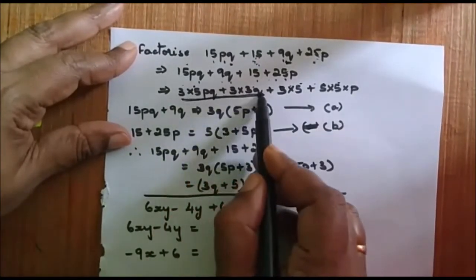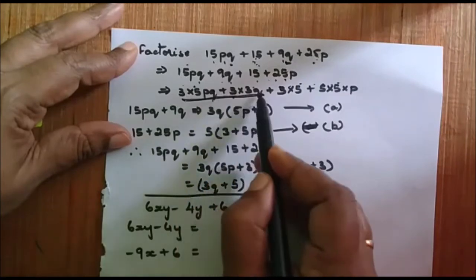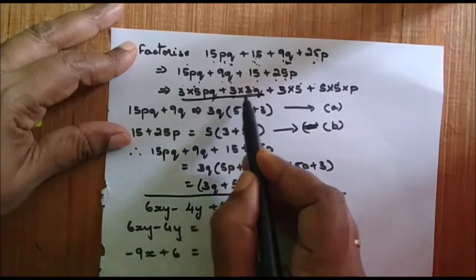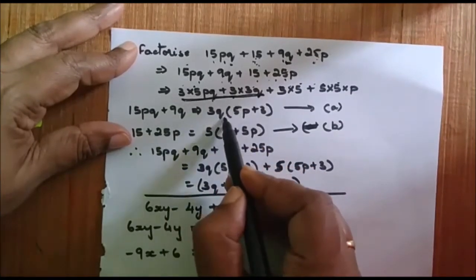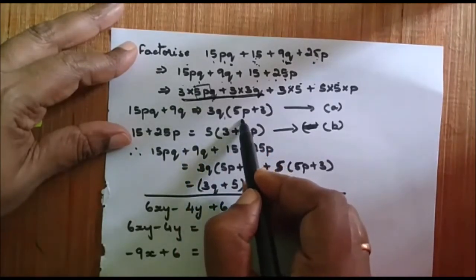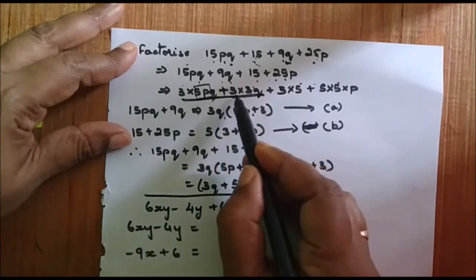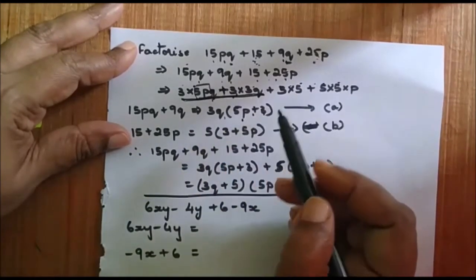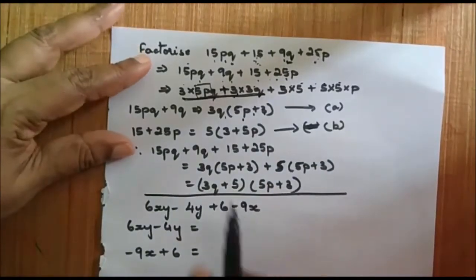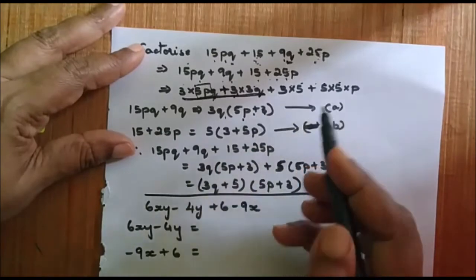What is common in these terms? 3 is common, q is common. So I take out 3q outside. What is remaining? 5p is remaining. I write 5p, the plus sign I write as it is, and 3 is remaining. I write 3 here. So 3q into 5p plus 3. This is the first term.